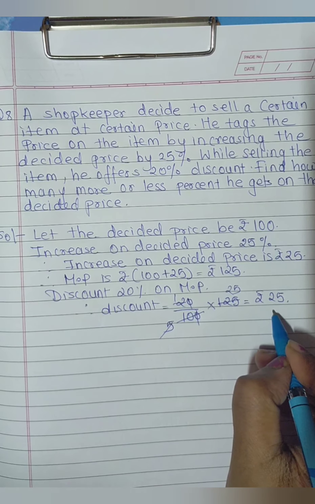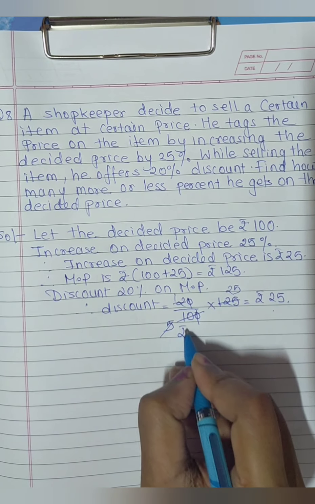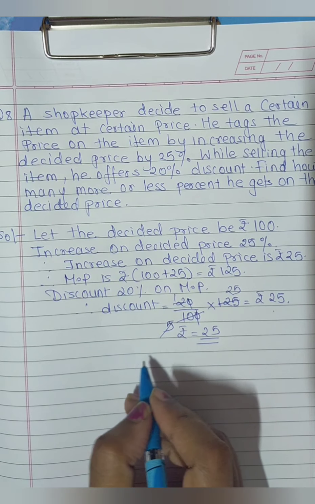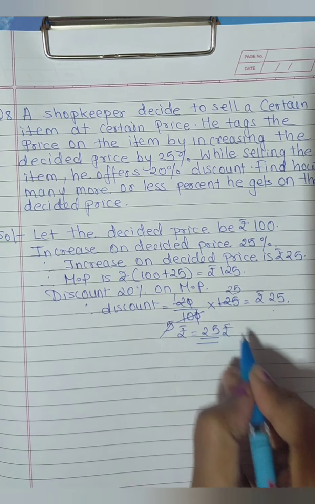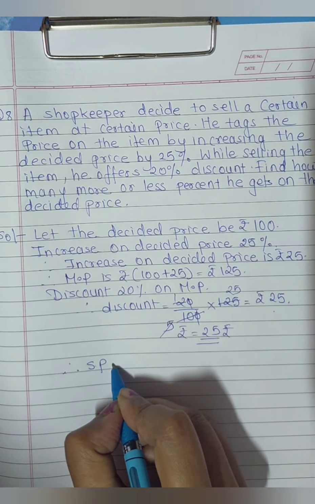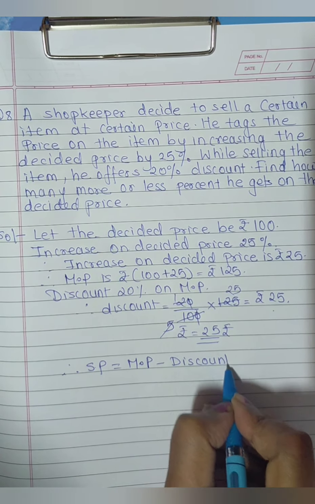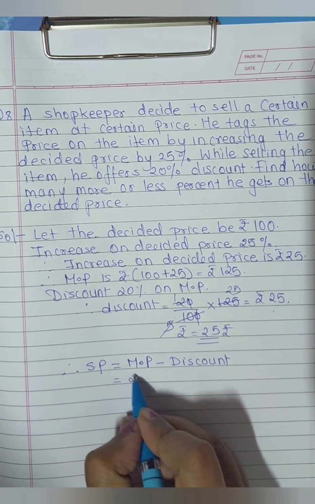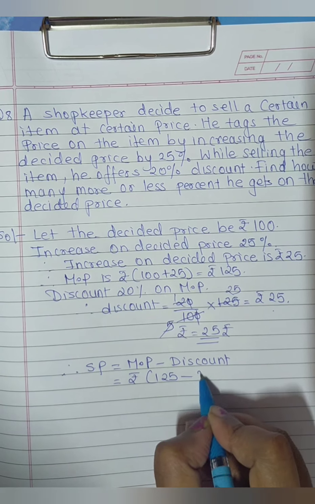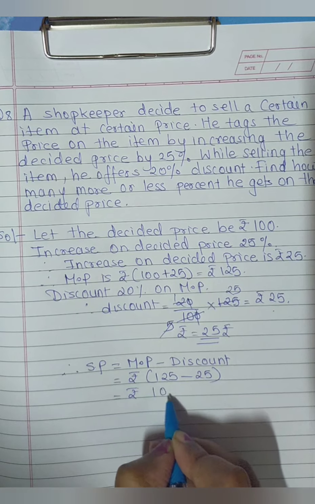We got rupees 25. I hope it is visible. Therefore selling price equals MP minus discount. So MP we have 125 minus 25 discount, so we'll get the answer 100.